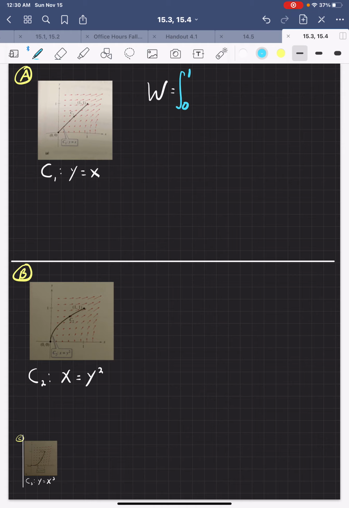So remember, F was 1/2 t times t times i, so that's going to be 1/2 t squared in the i direction, plus 1/4, plugging t in for x, that would be 1/4 t squared in the j direction. So now I've got to dot that. And we're going to dot it with r prime, which in part A, r prime was just i plus j.